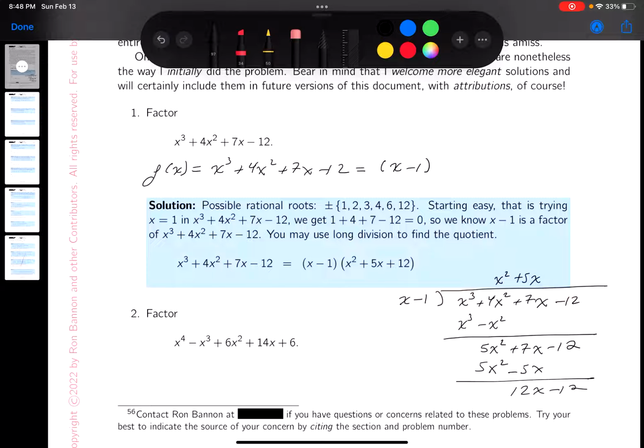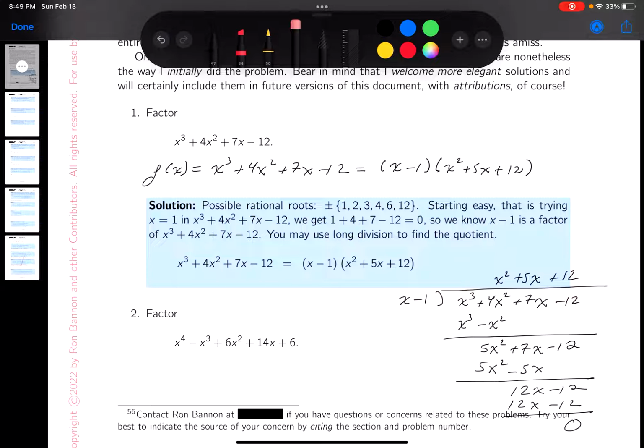And then, what times x would give you 12x? Fairly simple. It's just plus 12. 12x minus 12. As stated, 0 remainder. So I know the other factor. It's quadratic in form: x squared plus 5x plus 12.